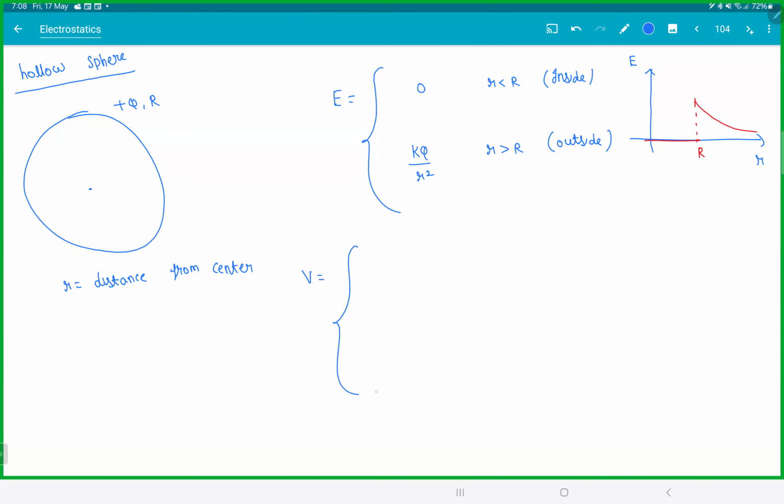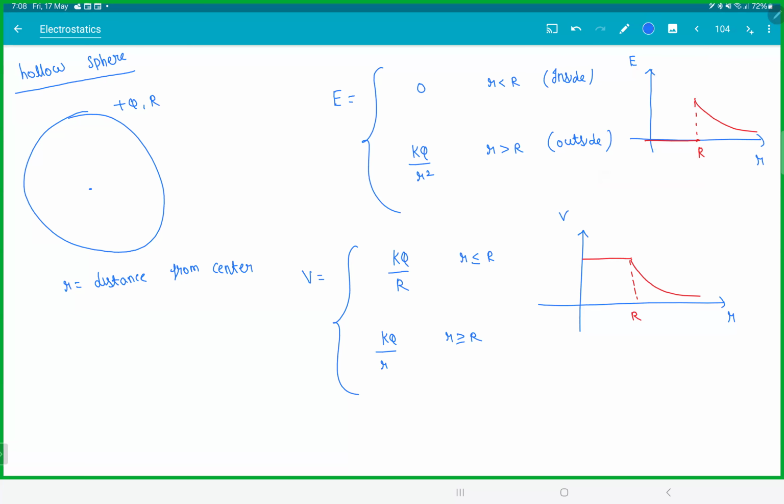The potential is kq by capital R, which is constant, for r less than R. Outside, it behaves like a point charge. So this is one best thing about the spheres. Outside, they just behave like point charges. If you look at the potential versus r graph, I think you should note down all this, people. The potential is constant and then drops. Note down the formulas. We're going to do problems based on this.